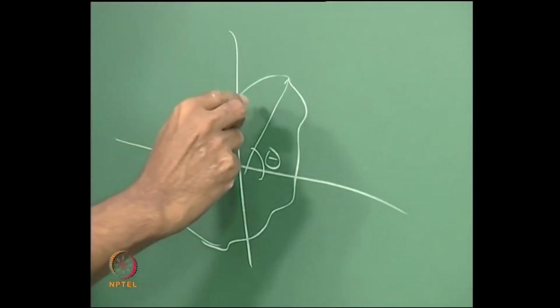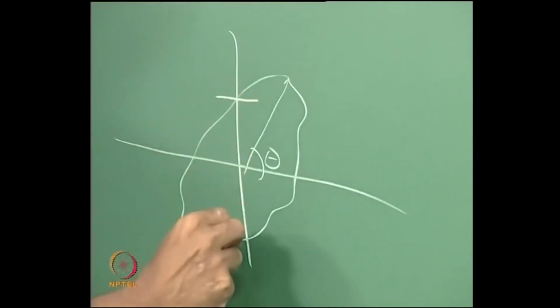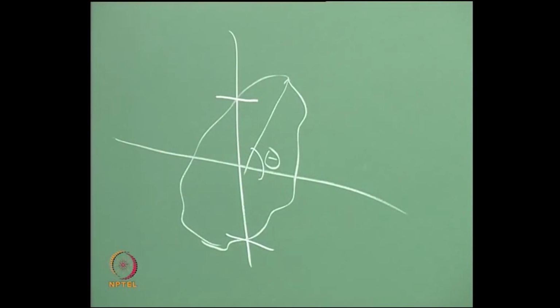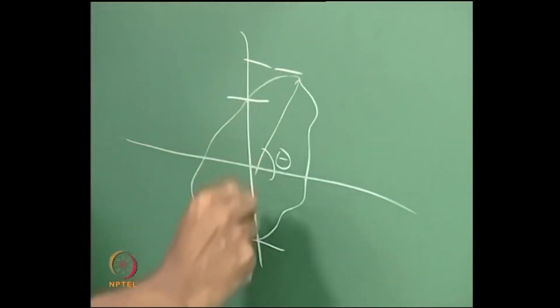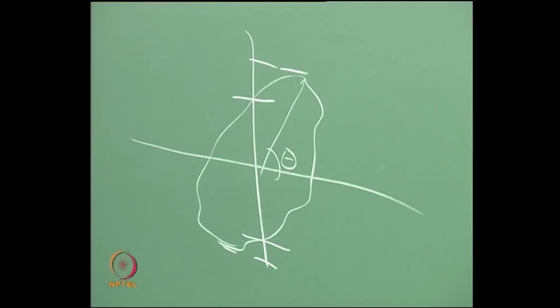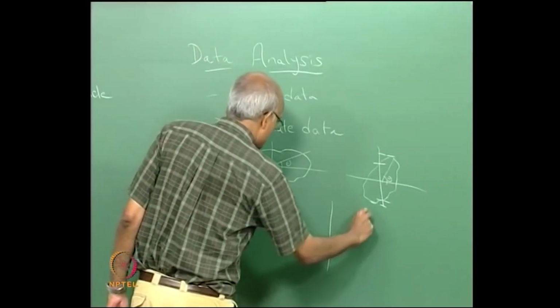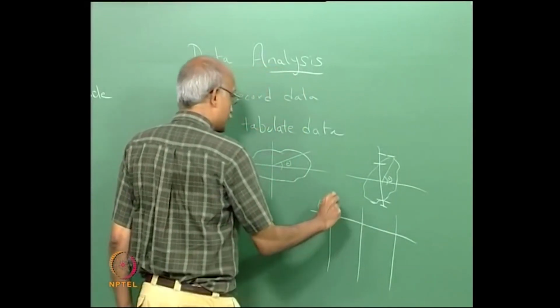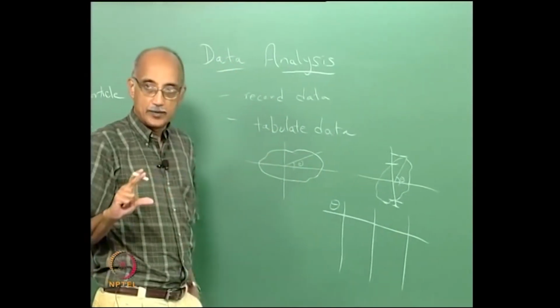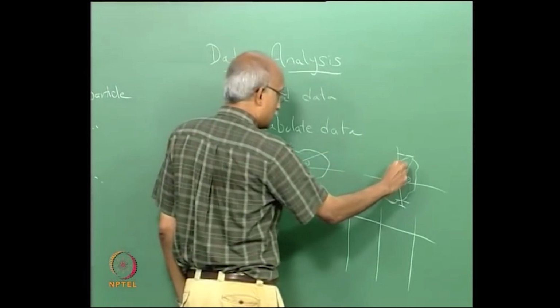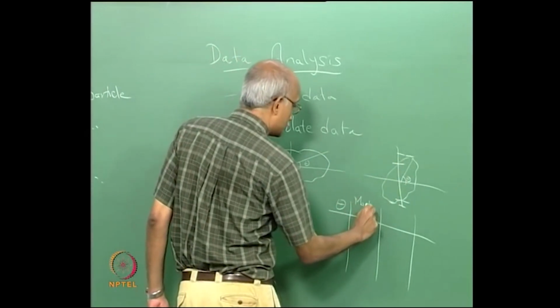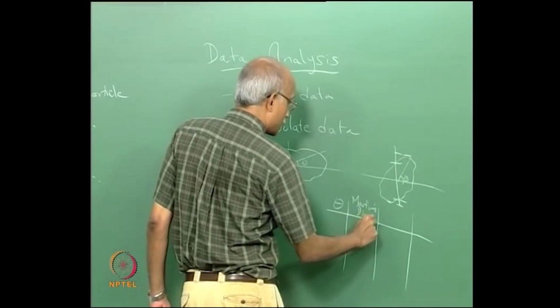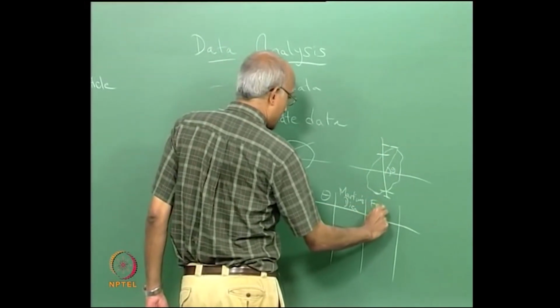You could actually take 2 different diameters. For example, these intersections you could consider to be a representation of the particle, and these intersections we could also take as representing the size of the particle, and you can actually tabulate these values. So you could essentially have a tabular representation here where you take theta, and the smaller diameter, by the way, in this representation, this is called the Martin's diameter, and this larger intersection is called the Feret's diameter.